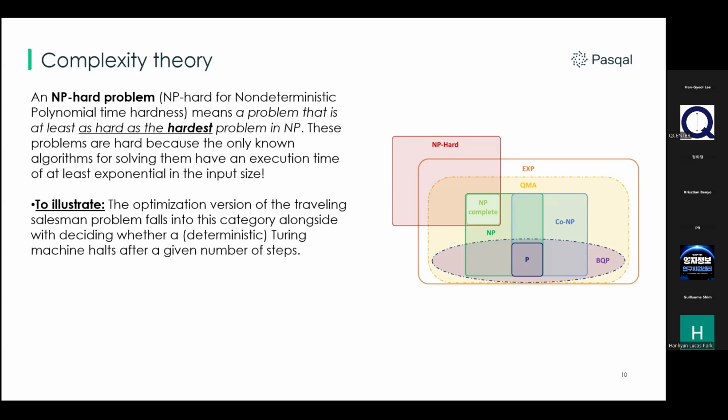It means that these are problems that are as difficult to solve as the most difficult problem within the NP class. Complexity theory has this notion of trying to relate problems and reduce problems and solution strategies from one to the other in order to connect them with each other.